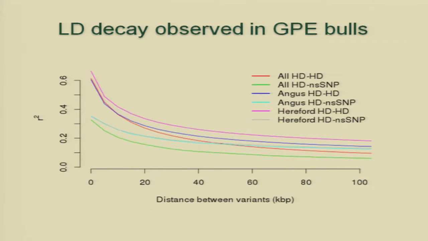We see a similar LD decay pattern between high density SNP, but it's a lot lower between high density and non-synonymous. This is pretty close to that 0.35 we had for the maximum LD we might expect.